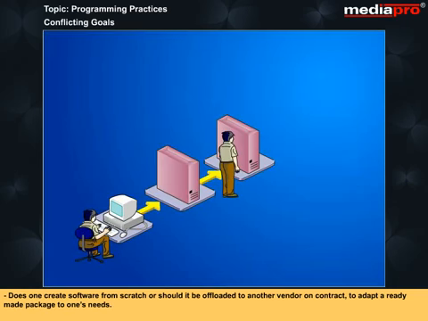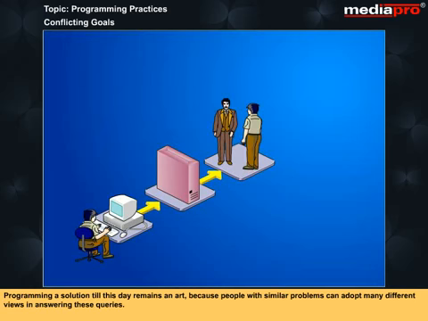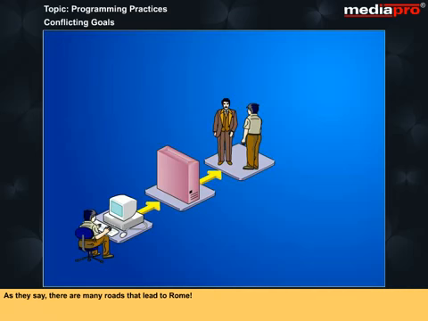Does one create software from scratch, or should it be offloaded to another vendor on contract to adapt a ready-made package to one's needs? Programming a solution till this day remains an art, because people with similar problems can adopt many different views in answering these queries. As they say, there are many roads that lead to Rome.